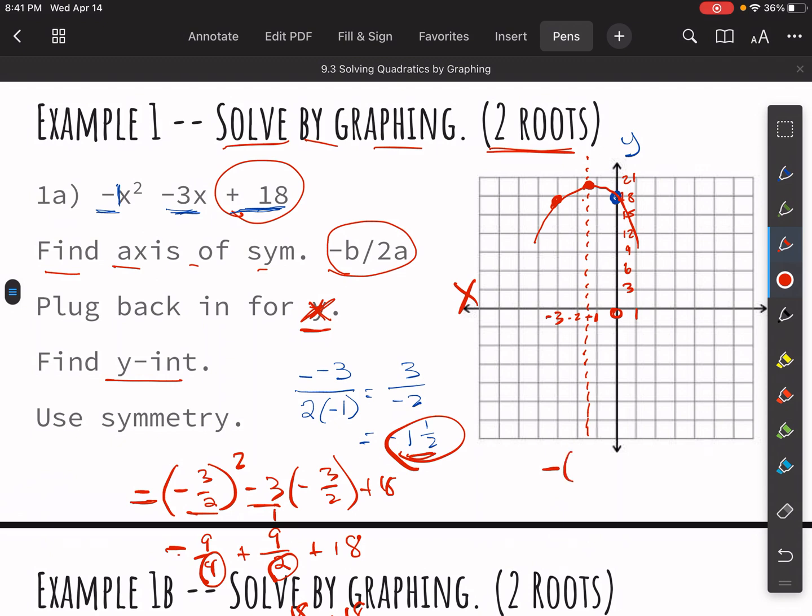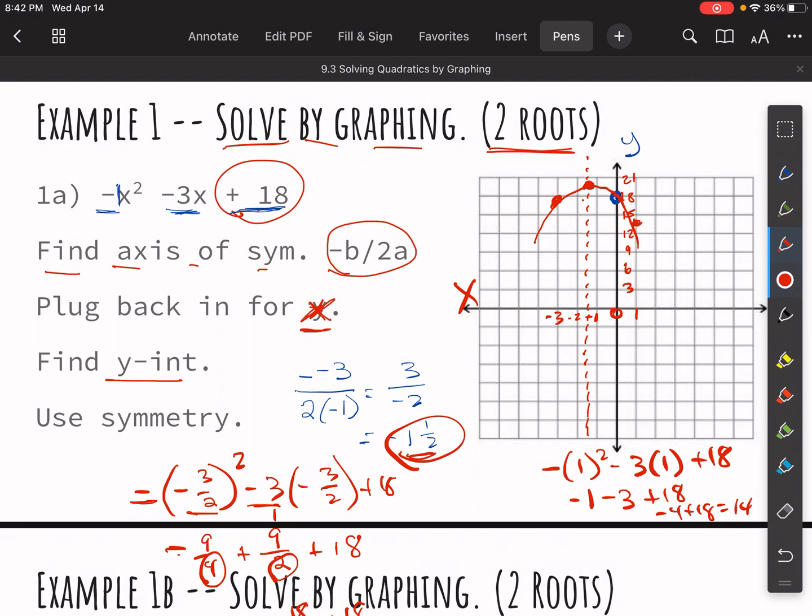So we have negative 1 squared minus 3 times 1 plus 18. Negative 1 squared is 1 squared, which is 1, and then you apply the negative. So it's negative 1 minus 3 plus 18, which gives me negative 4 plus 18, which is equal to 14. So at 1, I'm at 14.